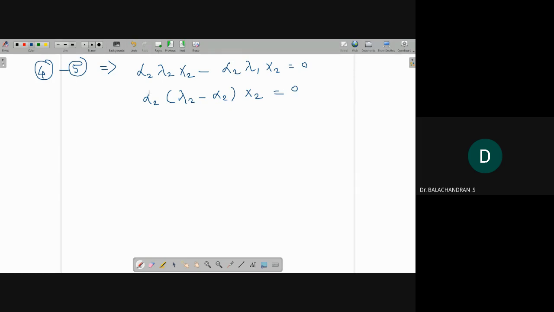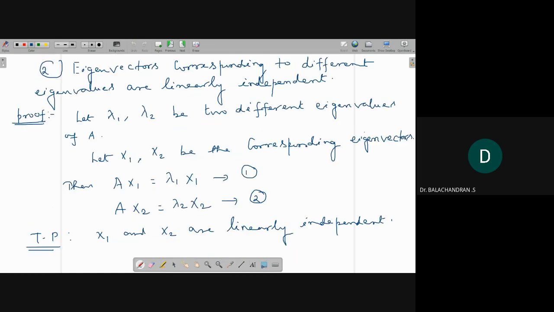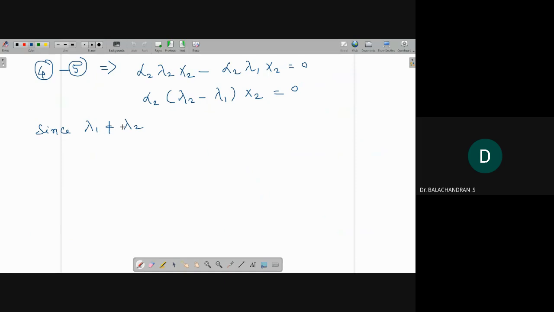Lambda 2 minus lambda 1. Thank you. Since lambda 1 is not equal to lambda 2, because lambda 1 and lambda 2 are two different eigenvalues, this implies lambda 2 minus lambda 1 is not equal to 0.